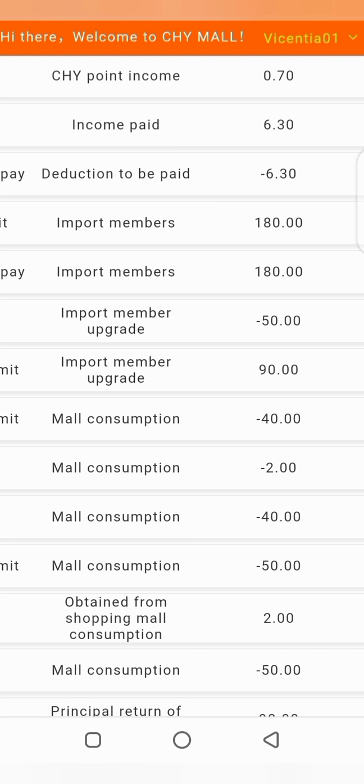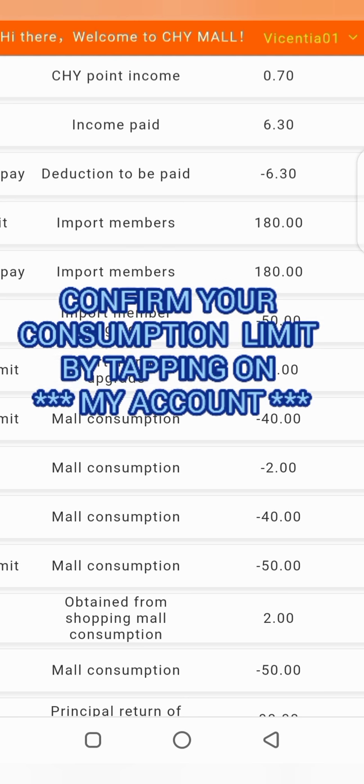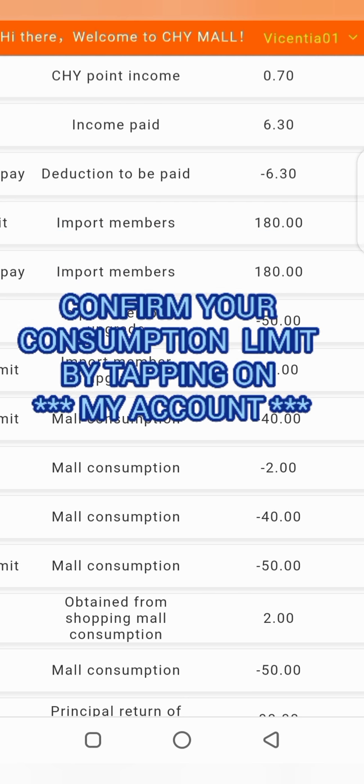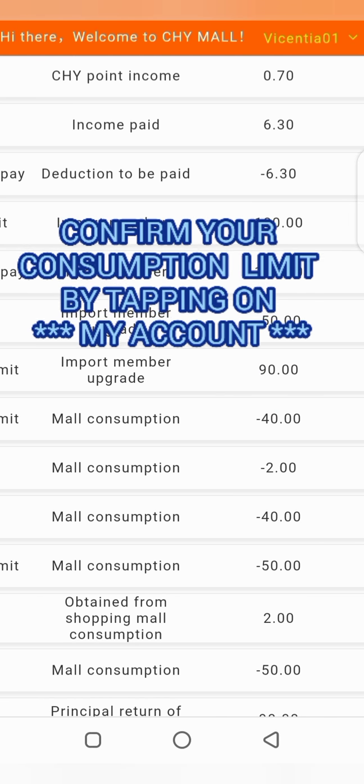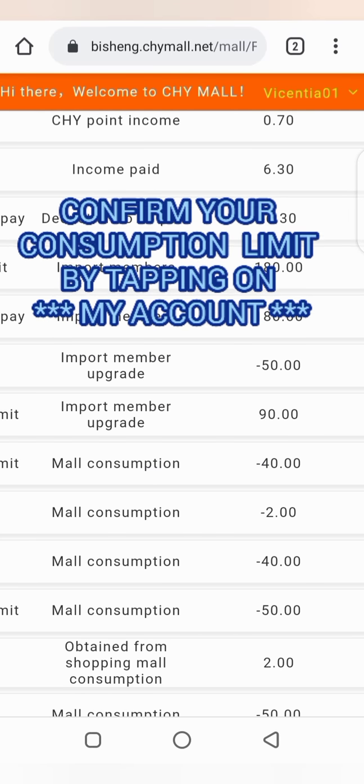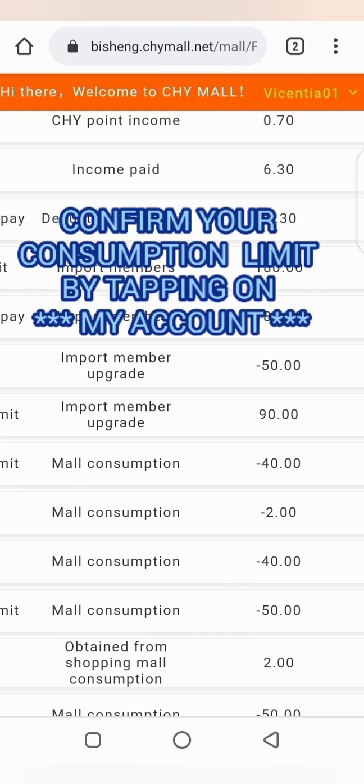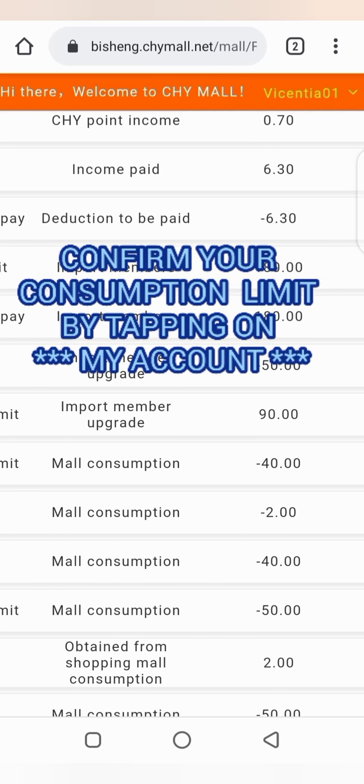Okay, you see every account has its consumption limit. That's why anytime you finish with the purchase of a product, you can't purchase again, because if you observe very well, after purchasing from the new retail and the wholesale, your consumption limit in your account will be zero.